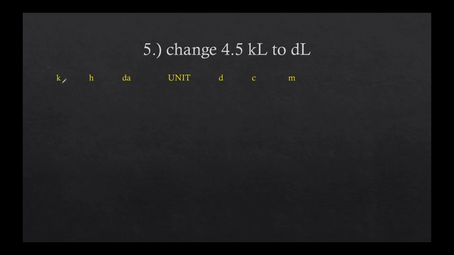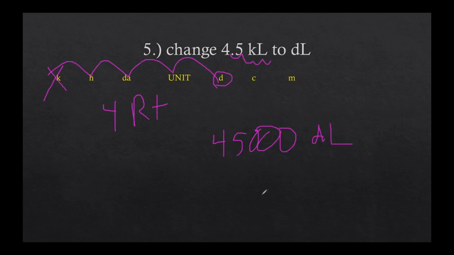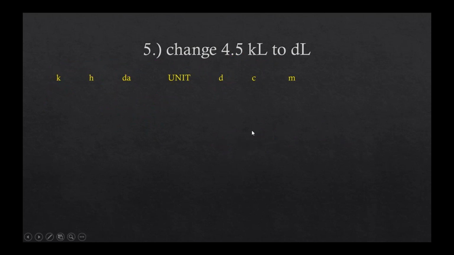So you're starting on kiloliters, moving to deca. So 1, 2, 3, 4 places to the right, which means we got 3 zeros. So 45,000 deciliters. Good. Amanda, you lost a 0 in yours there. Hopefully that was a typo and not a thing.